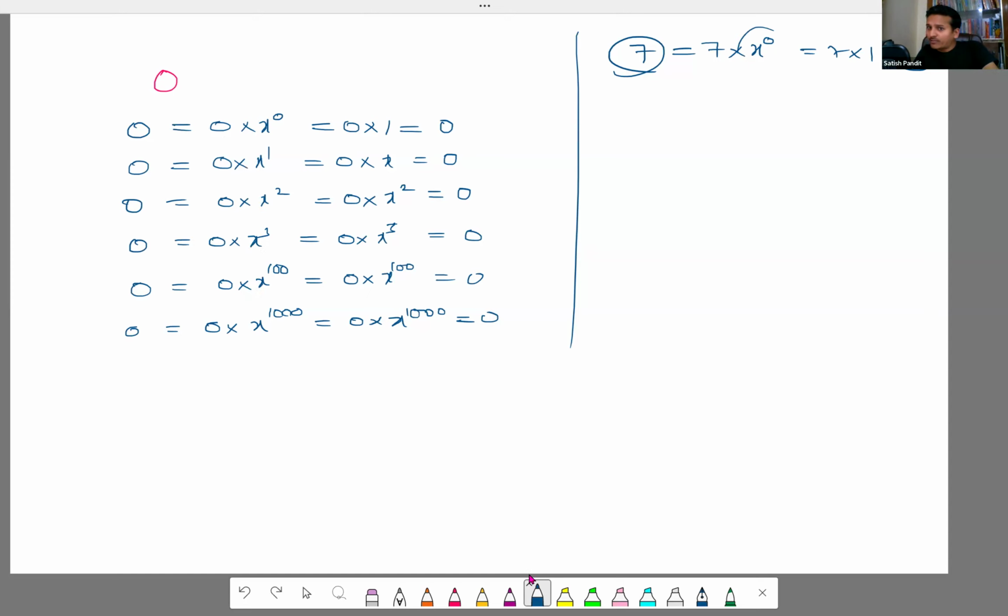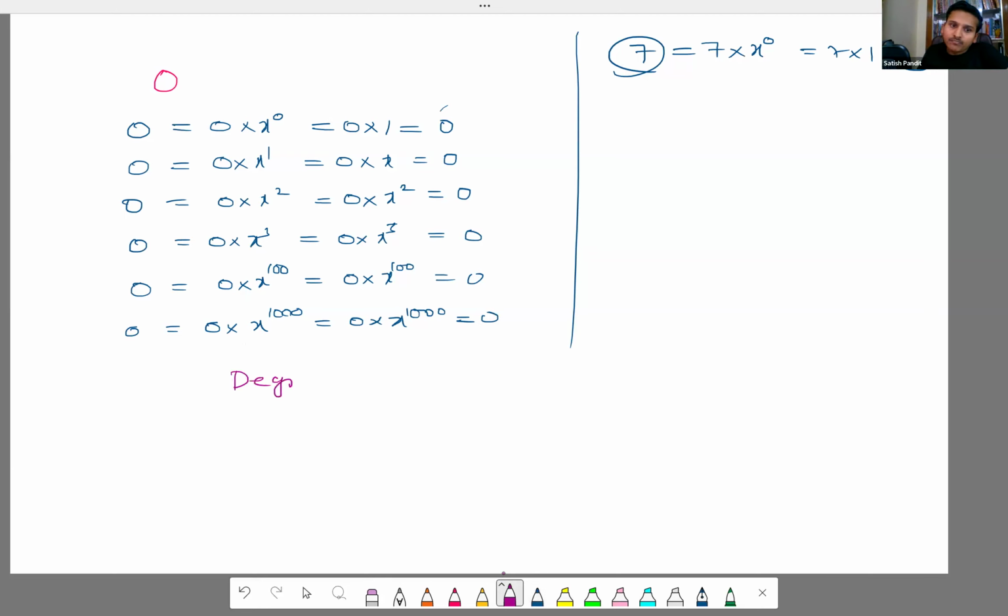Whenever 7 is there, the power of the variable is fixed, but here it is not fixed. That is why the degree of a 0 polynomial is not defined. I write: degree of a 0 polynomial is not defined.